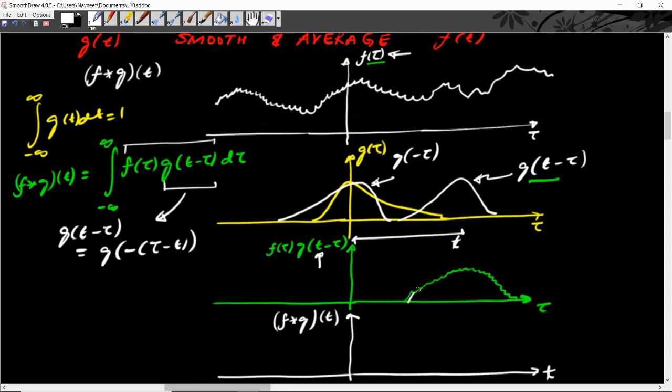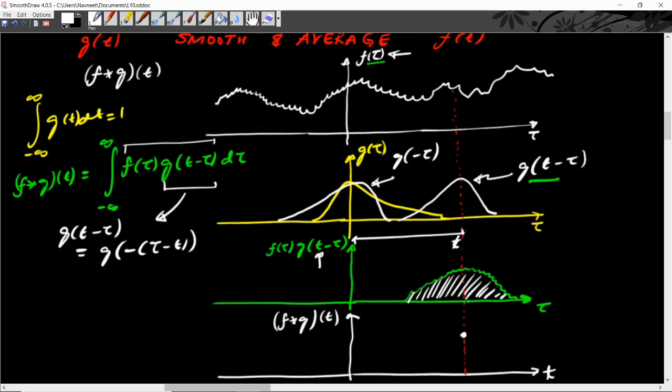That means we find the area under this curve, that is the product of f and the flipped and translated function g. And this area under this curve over here will give me a single value of the convolution of f and g at a particular time t, and let's say this value is this particular value.